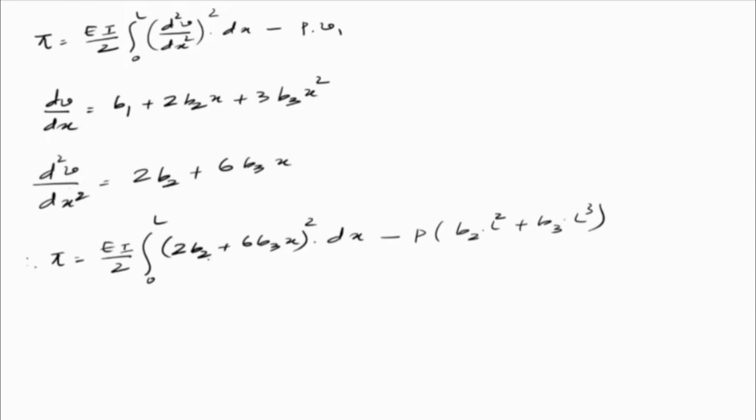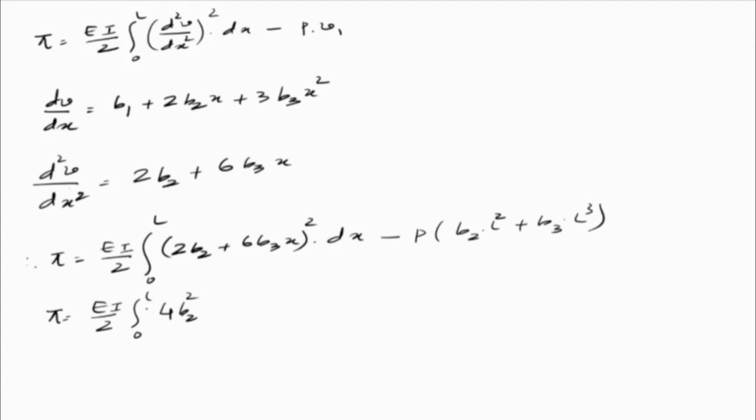Then the next step is only to do the simplification the same way as we did previously. This I have to expand with A plus B whole square. Then I'll take this P inside the bracket. So it is EI divided by 2 integration 0 to L, 4B2 square, that is A square plus B square plus 2AB.